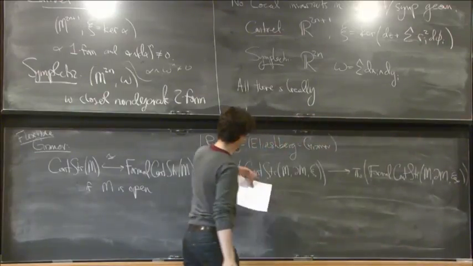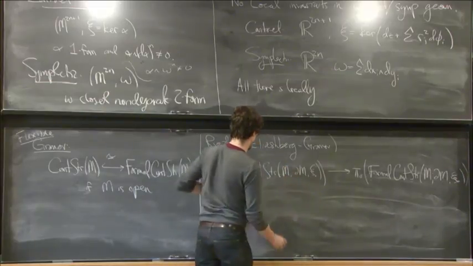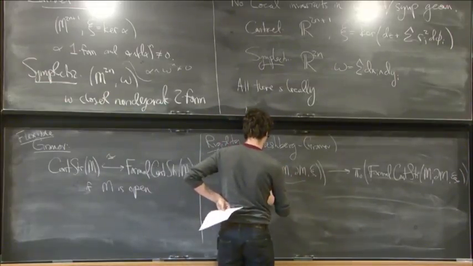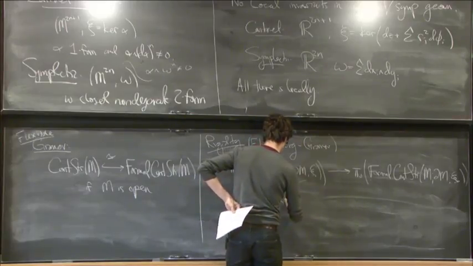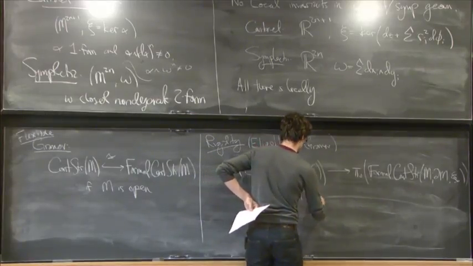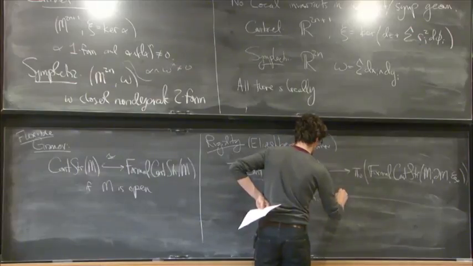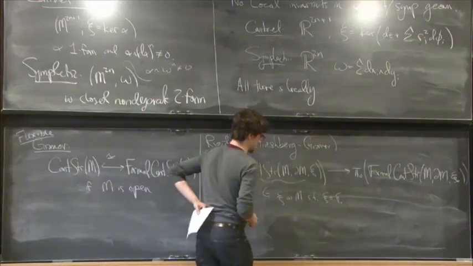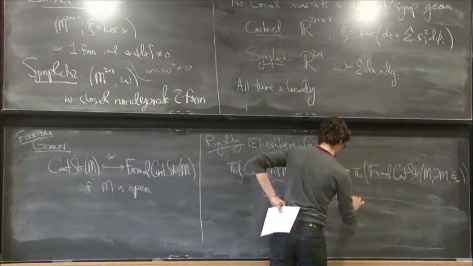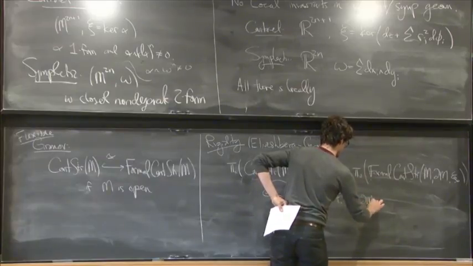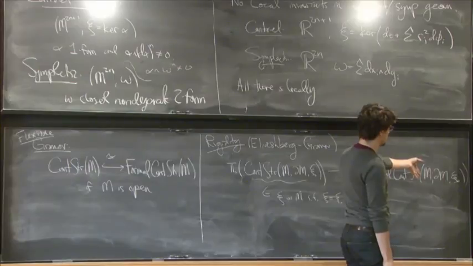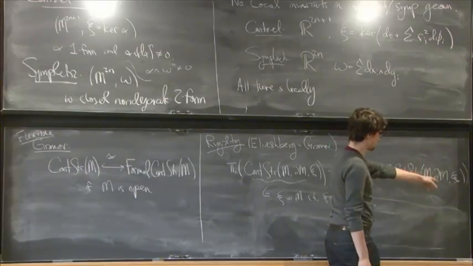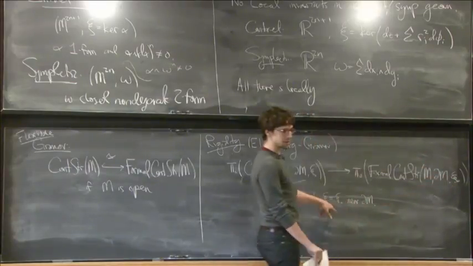Where contact structures, what I mean by this is C on M such that C equals some fixed contact structure near the boundary of M. And here a formal contact structure that's near the boundary is an actual contact structure, and it equals C_M.